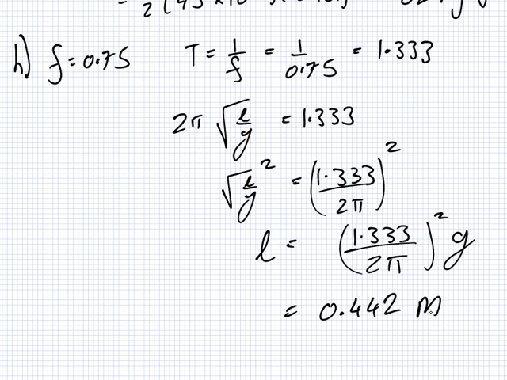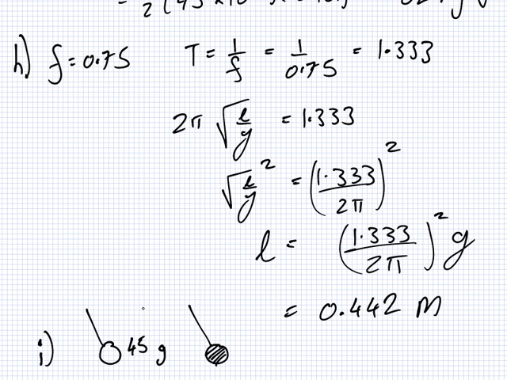Okay. What was that? H. Alright. What would happen to the time if the bob was replaced by a bob of the same shape and size but twice as dense? Basically, you have a bob here of 45 grams, and you replace it with one of the same shape and size but twice as dense.